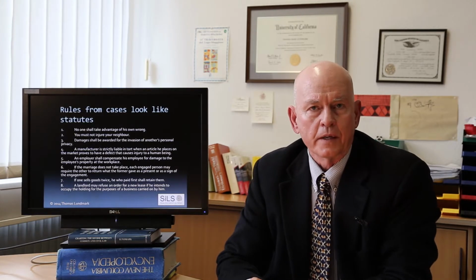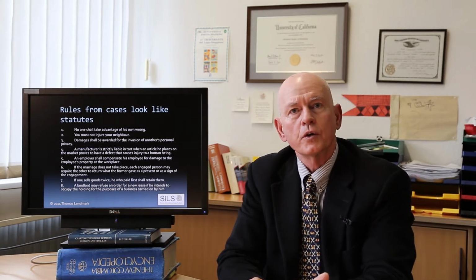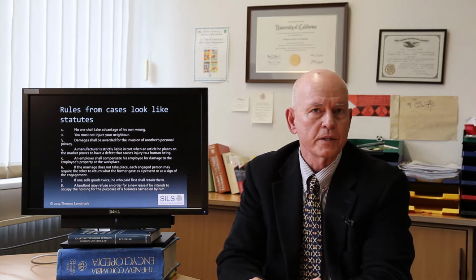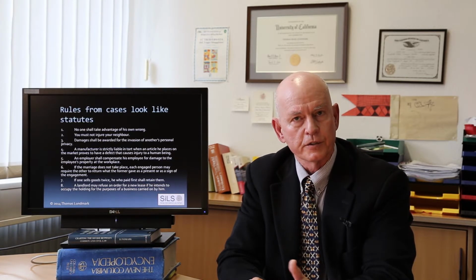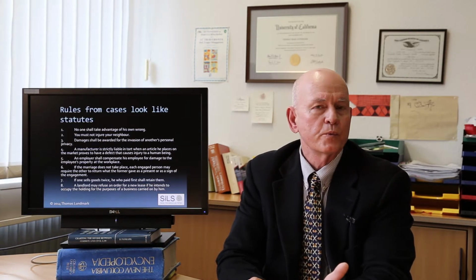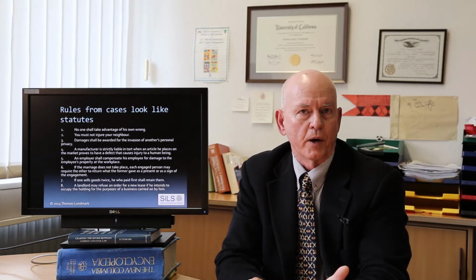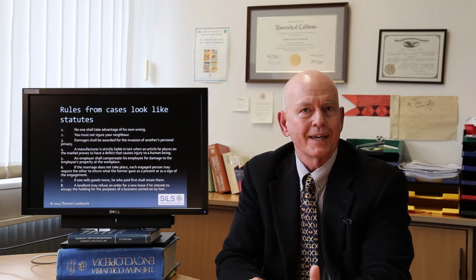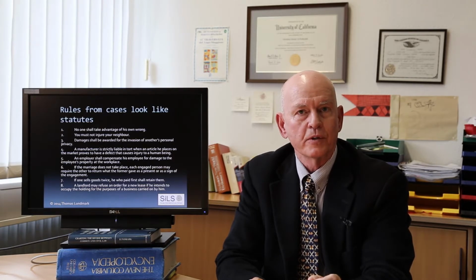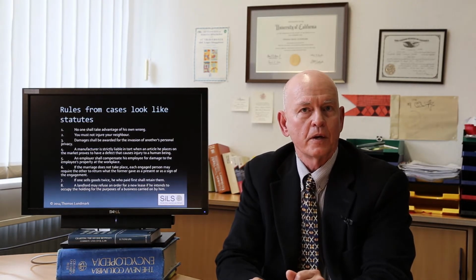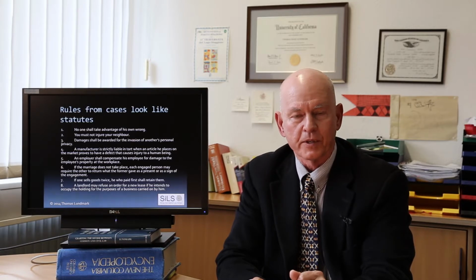I said at the outset that judges use rules from cases in the same way that they use rules from statutes, that is, as authorities to justify their decisions. Now the reason that they use rules the same way, regardless of their source, is that case-based rules are indistinguishable from statutory rules. We already saw one example of this.